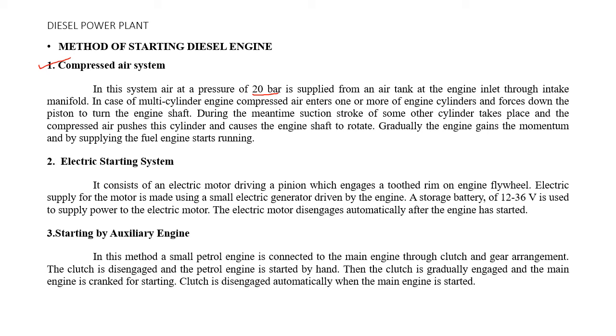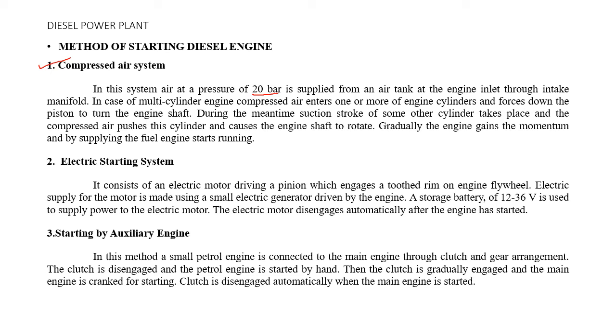Meanwhile, suction stroke of some other cylinder takes place and the compressed air pushes this cylinder and causes the engine shaft to rotate. Gradually the engine gains momentum and by supplying the fuel, the engine starts running.